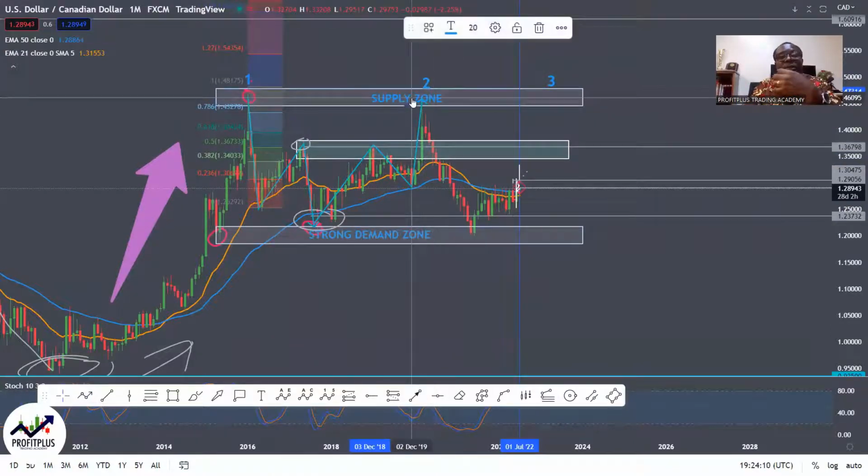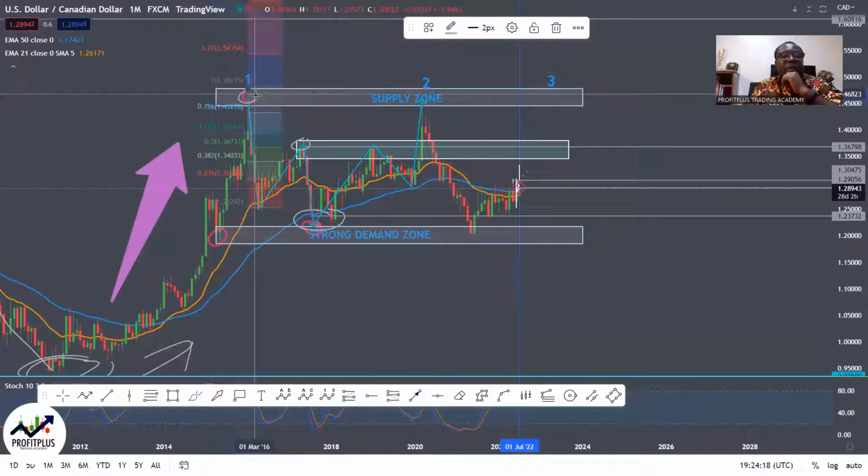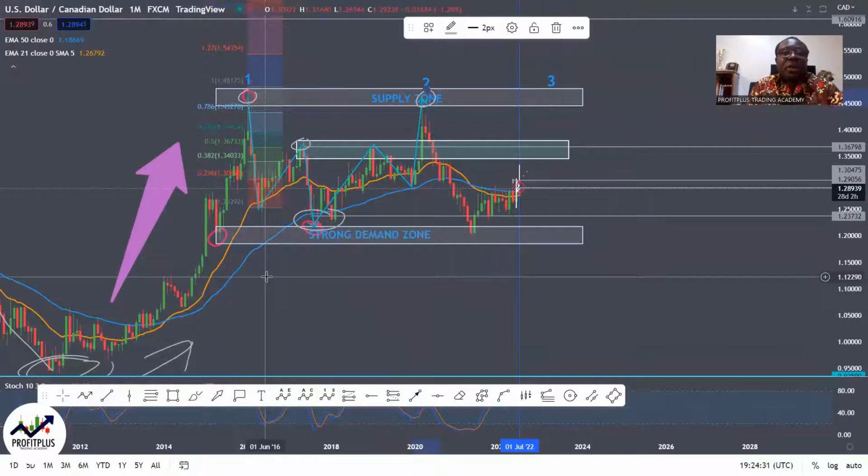You can call this also a resistance zone. This was the first test of price, and here is the second. So here is established as a level of resistance or supply zone in our context.